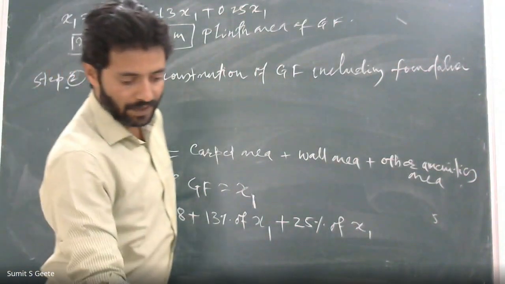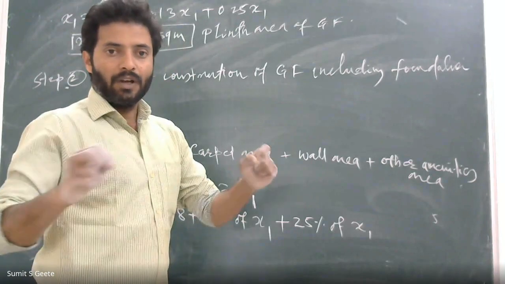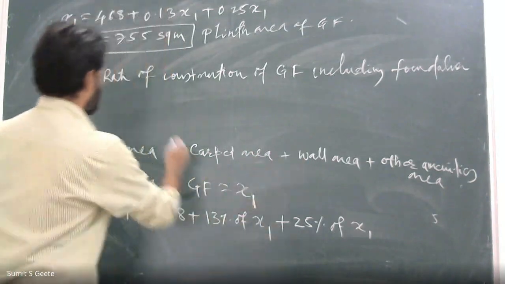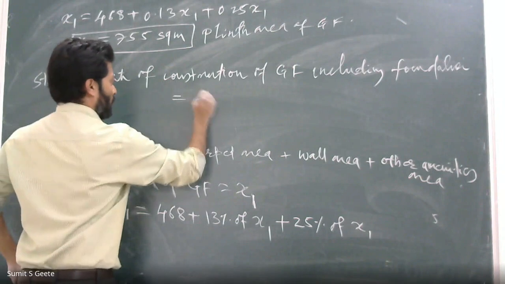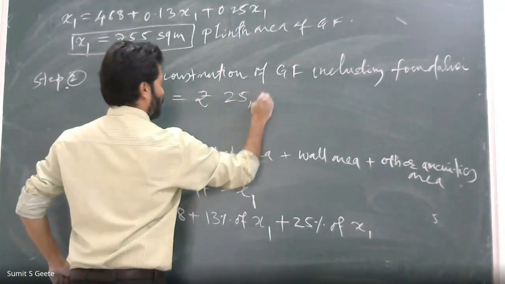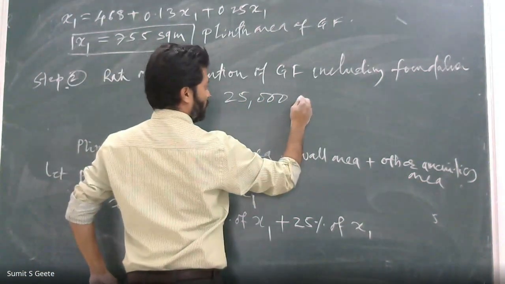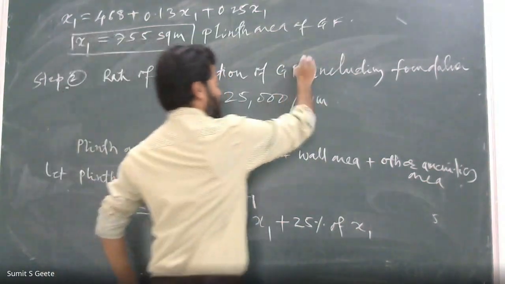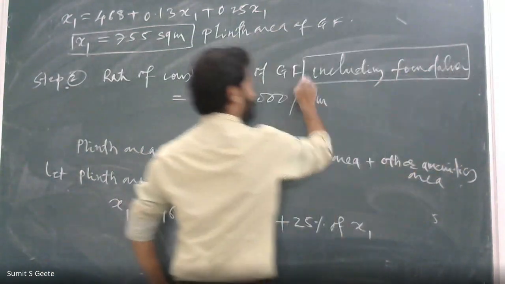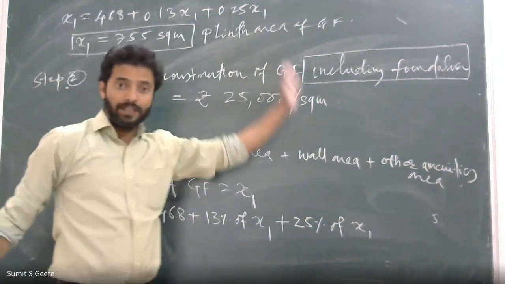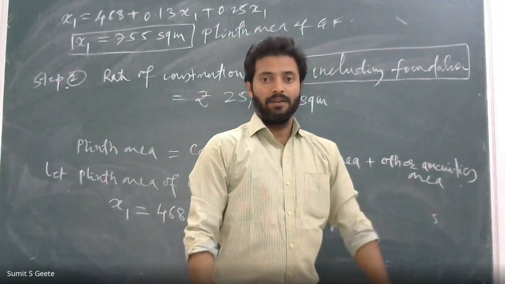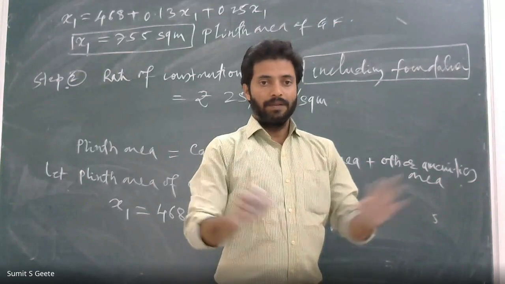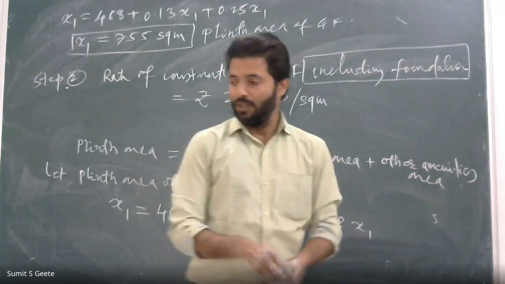The value is given as rupees 25,000 per square meter. But this thing is essential, which is not there in case of your previous problem. Is it okay?